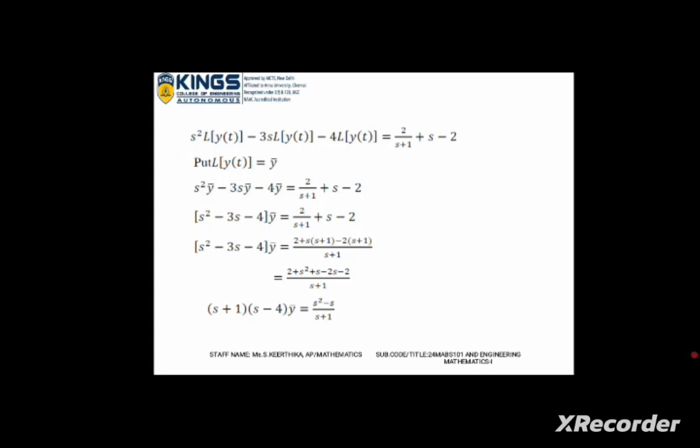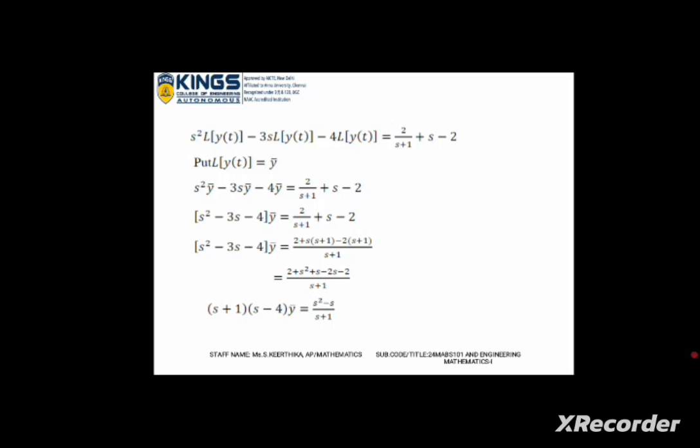It gives 2 plus s into s plus 1 minus 2 into s plus 1 divided by s plus 1. Now on the left side take the common term y bar. Then we get s squared minus 3s minus 4. On the right side we have 2 plus s squared plus s minus 2s minus 2 by s plus 1.